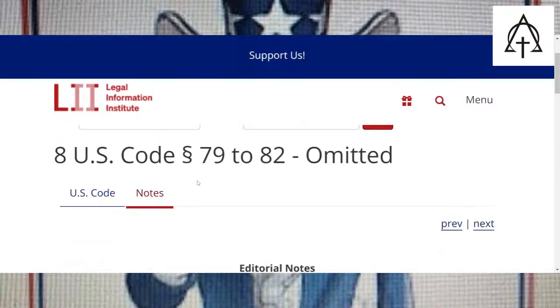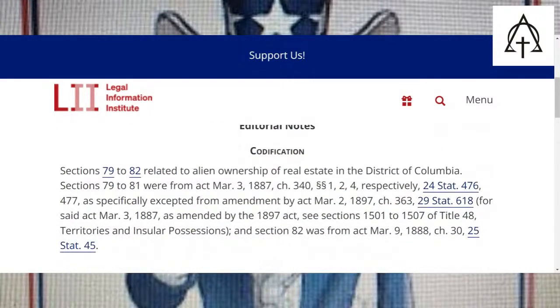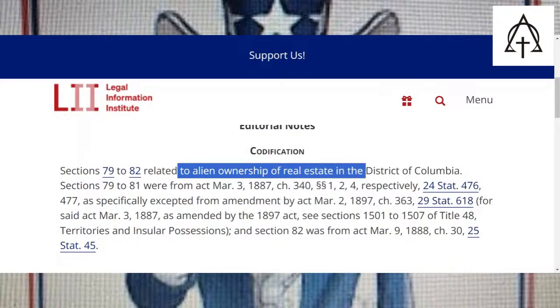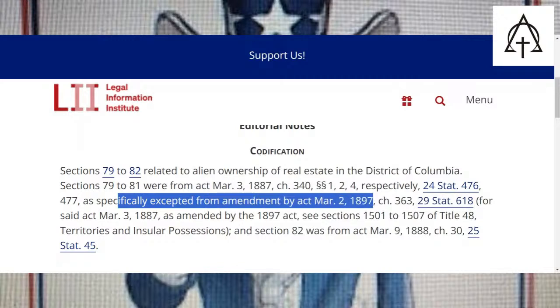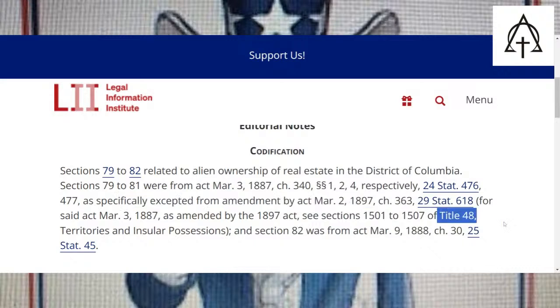Omitted. 79 to 82, related to alien ownership of real estate in the District of Columbia, as specifically excepted from amendment by Act March 4th, 1897. Again, Title 48, which is Federal Acquisitions.